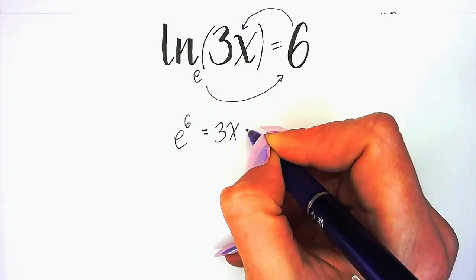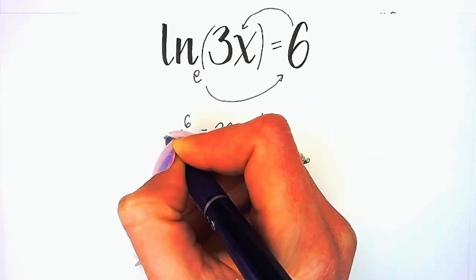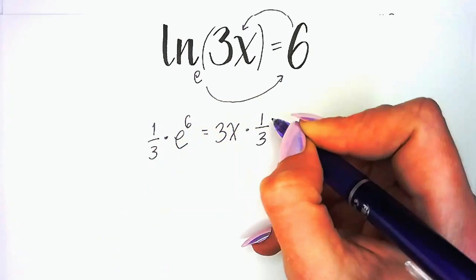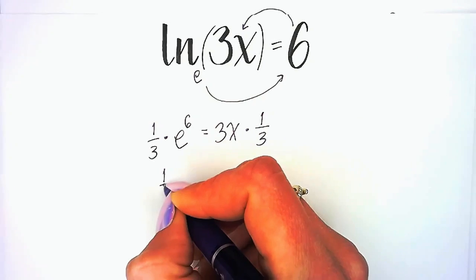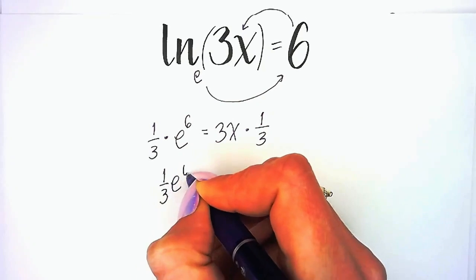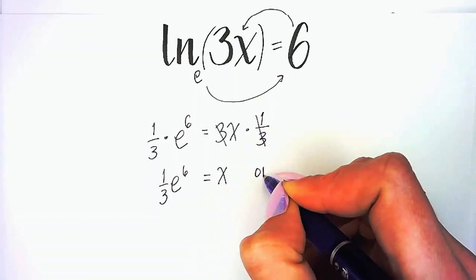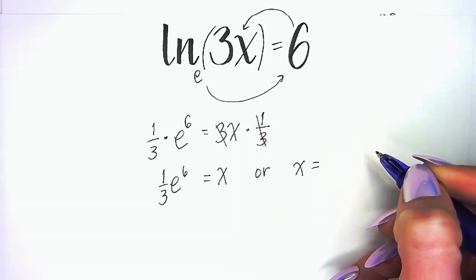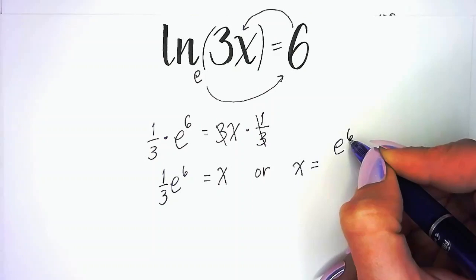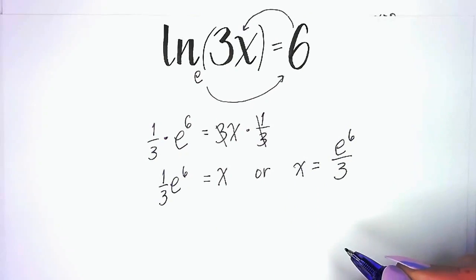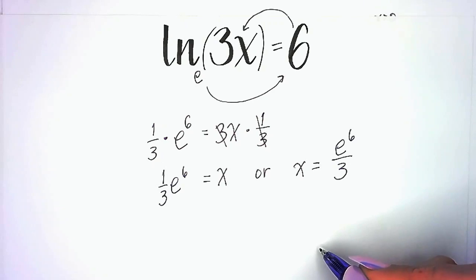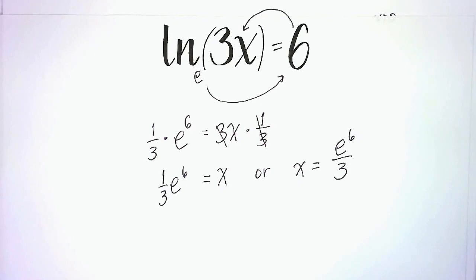Getting x alone means we multiply both sides by 1/3. So we can leave it as 1/3 e to the 6th equals x. Or maybe we write it as e to the 6th over 3. These are the same answer.